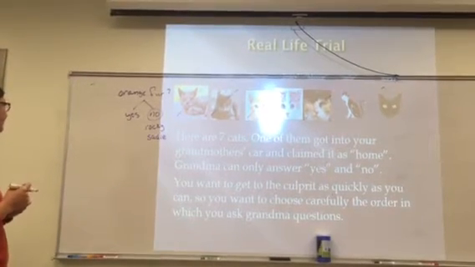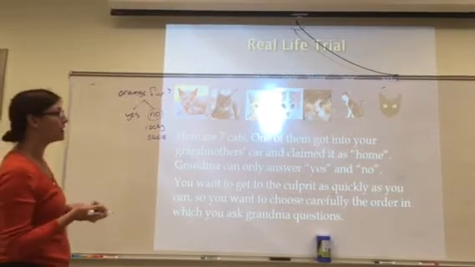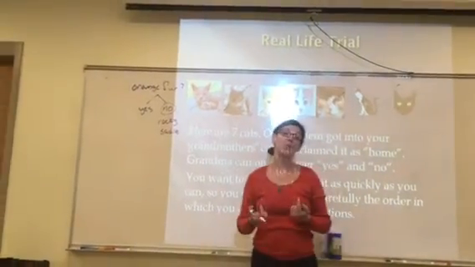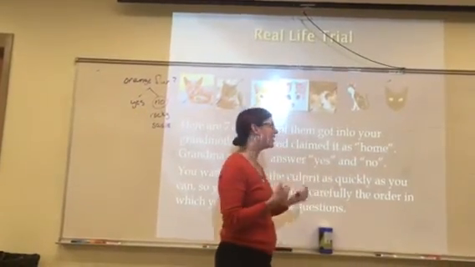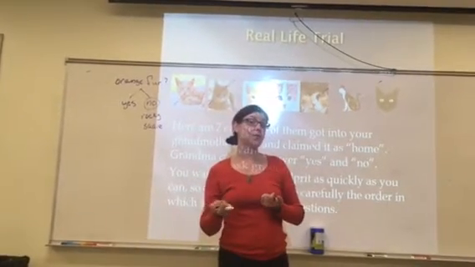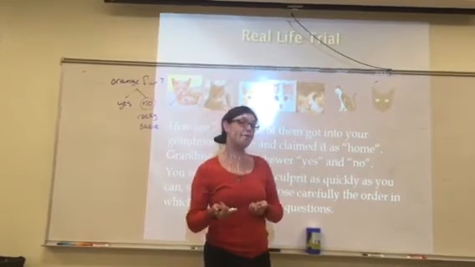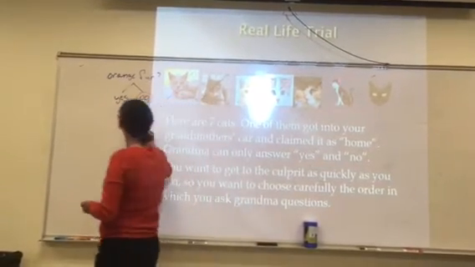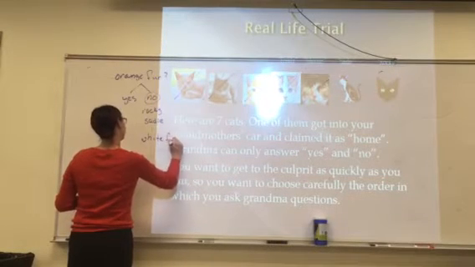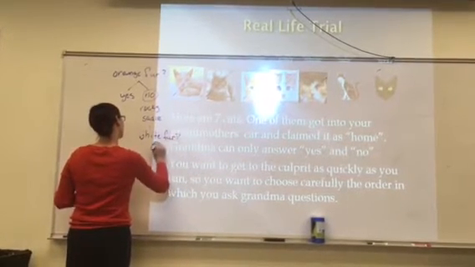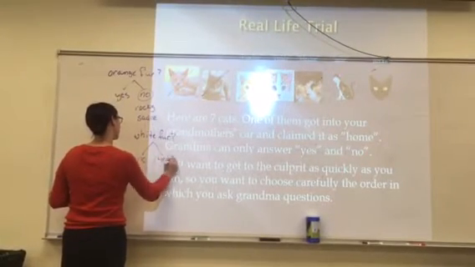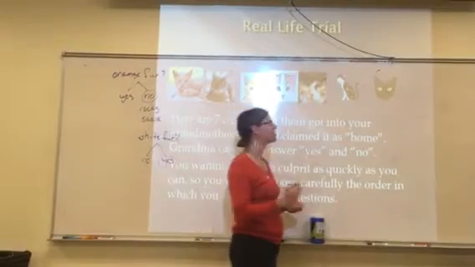So now you look at Rocky and Sadie and you say, what is a characteristic that would help you identify Rocky over Sadie or Sadie over Rocky? So you can ask maybe your grandma, does the cat have white fur? And grandma says, yes, the cat does have white fur.